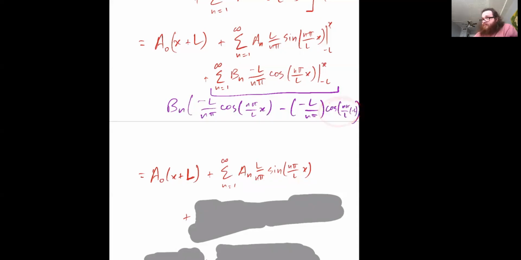Cosine of minus whatever is cosine of whatever. So this whole thing is going to simplify to cosine of n pi. So we're going to get minus all of this plus cosine of n pi.